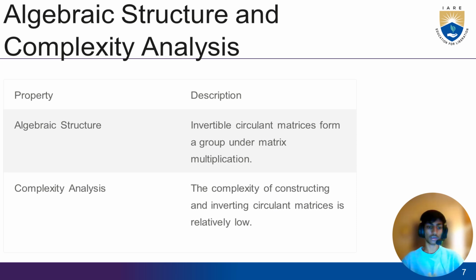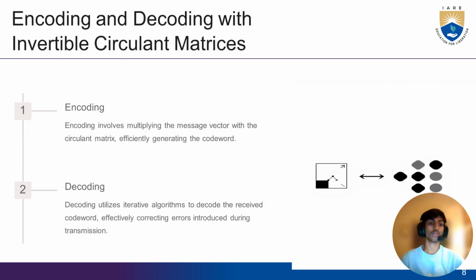So we're going to the next slide: encoding and decoding with invertible circulant matrices. Encoding involves multiplying the message vectors with the circulant matrices, efficiently generating the code.